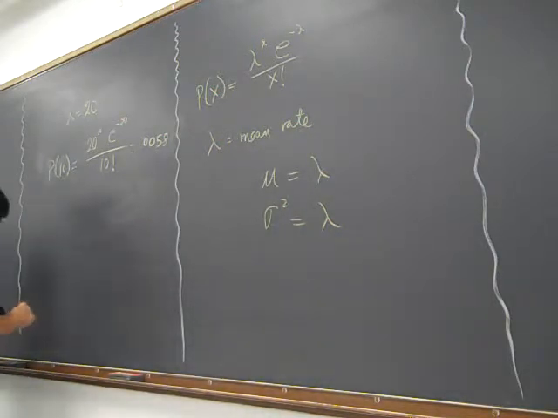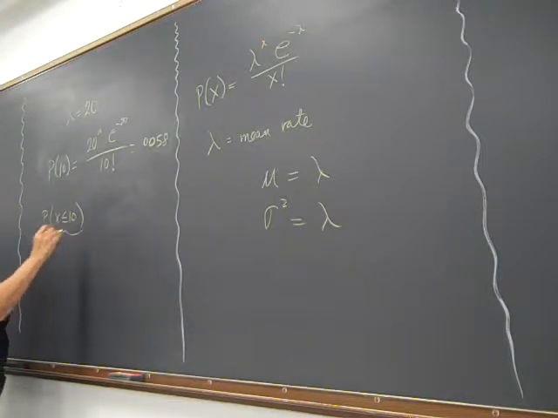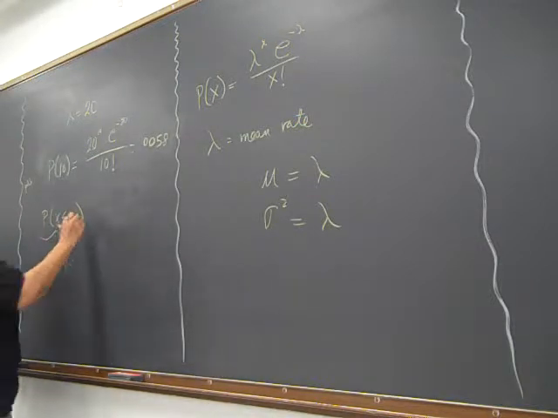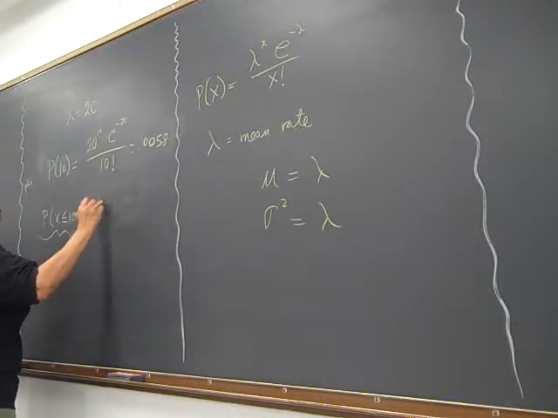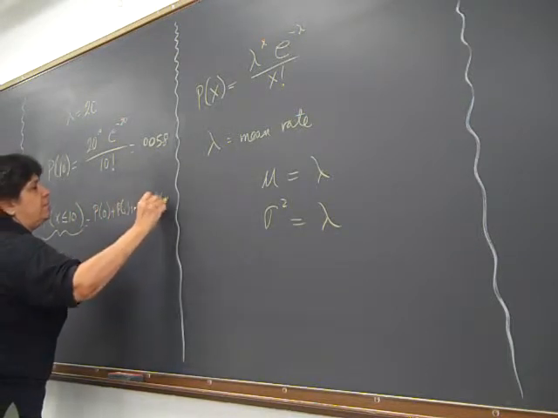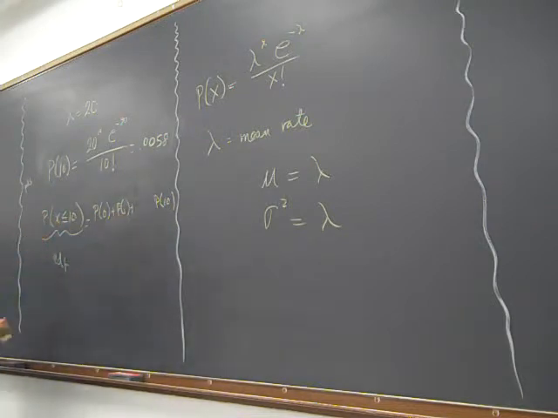Okay. What if I want to know the probability that x is less or equal than 10? Again, exactly the same thing as for the binomial distribution. Instead of using the PDF for one particular value, we're going to use the CDF, the cumulative distribution function. This is equal to the probability of 0 plus the probability of 1 plus up to the probability of 10, and the 10 is included because it's less or equal.